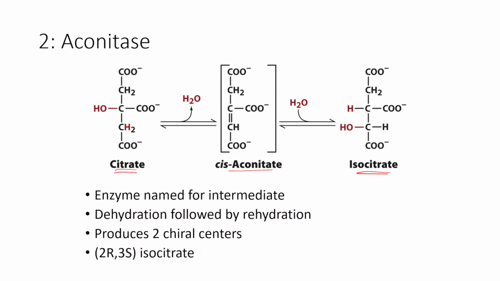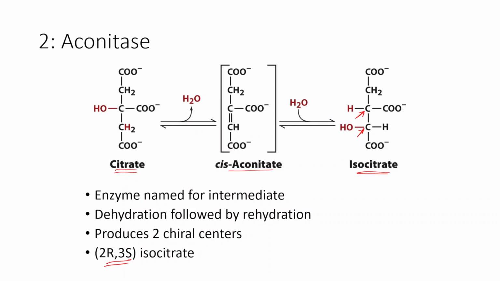And because of the very particular shape of the active site in this enzyme, first of all, there are 2 new chiral centers where there were not chiral centers before. And like I said, the active site of aconitase has a really specific shape to it, and so the reaction always catalyzes this particular stereoisomer of isocitrate.